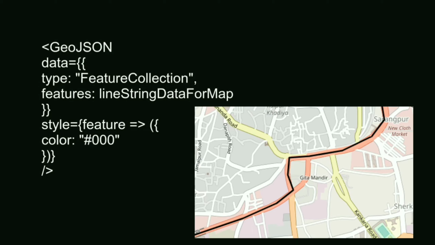GeoJSON element. This element contains two attributes: data, that contains the GeoJSON object, and the next one is style. Style contains the various CSS for the GeoJSON element.